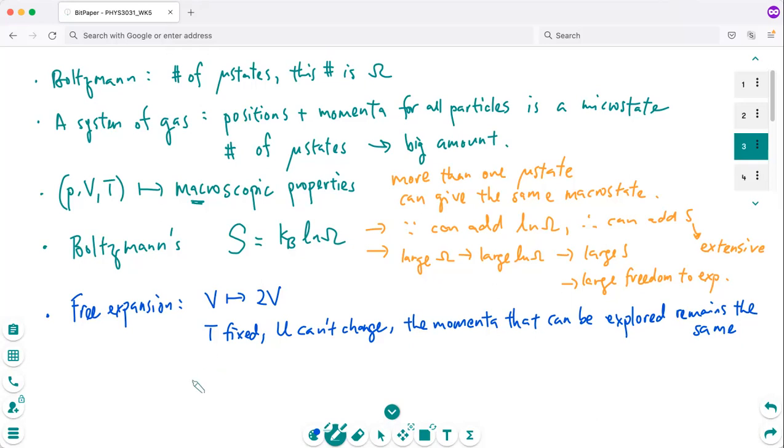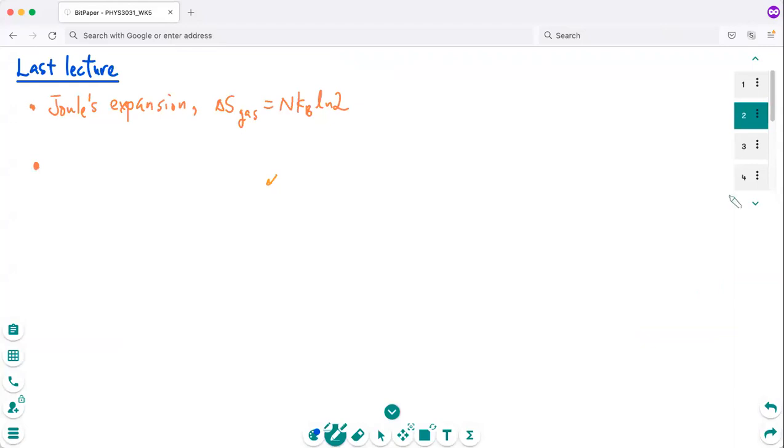So combining these two facts, the number of microstates that can be explored by your gas particles becomes 2 to the power of n more, right?